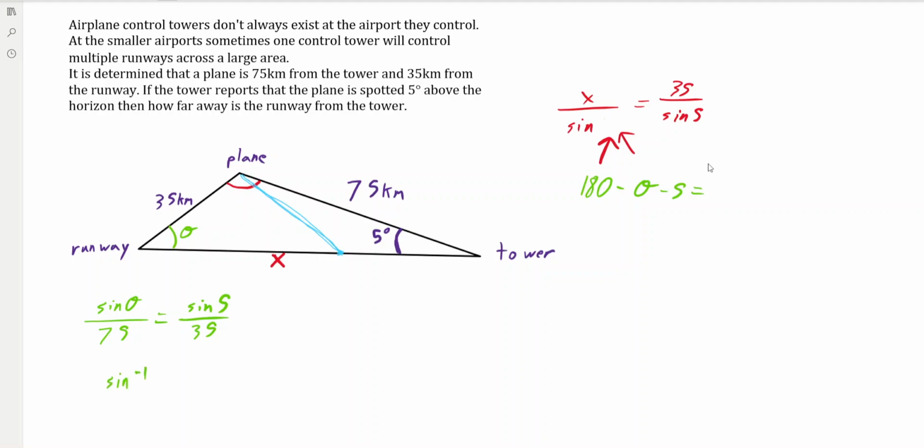Solving this just like we did before, I'll go step by step. Theta is equal to sine negative 1 of 75 sine 5 over 35.